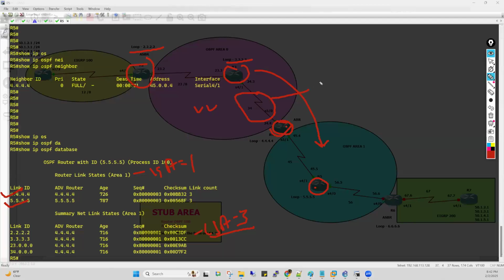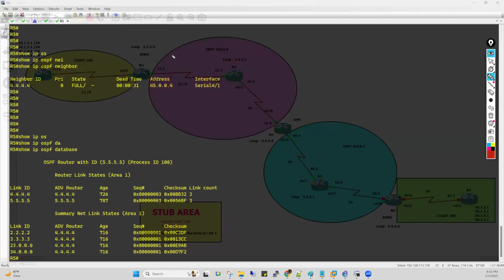And there is one more network, that is the 23 network. So this router will share all the 4 networks here with this area. Clear? Yes or no? Agree?